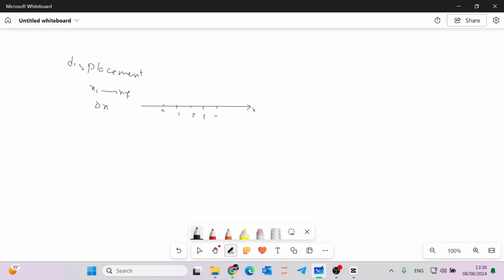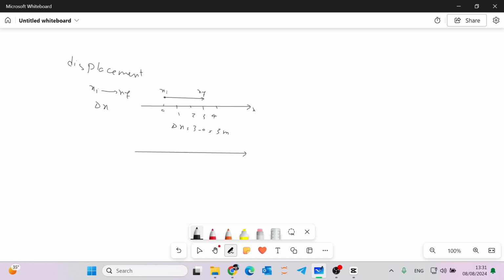You want to move from 0 to 3. Then 0 is your xi, the initial point, and 3 is the final point. Your displacement would be 3 minus 0, which is 3. Let's say meter. This is your displacement.